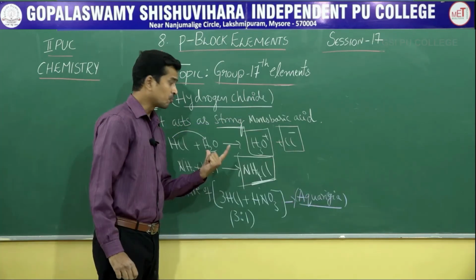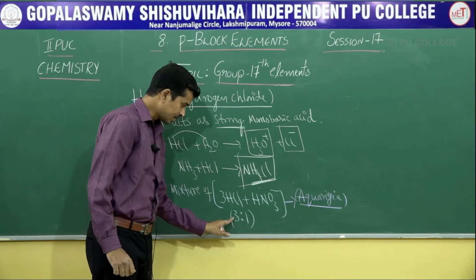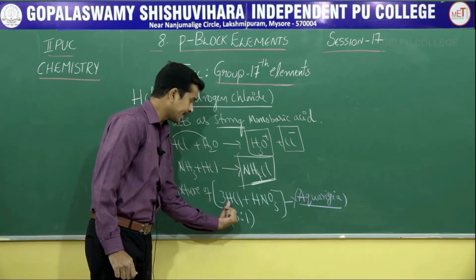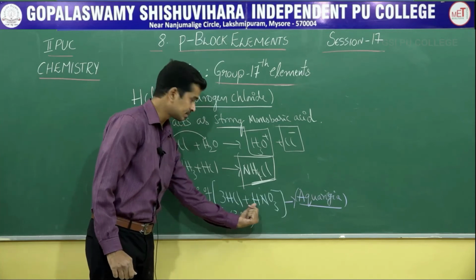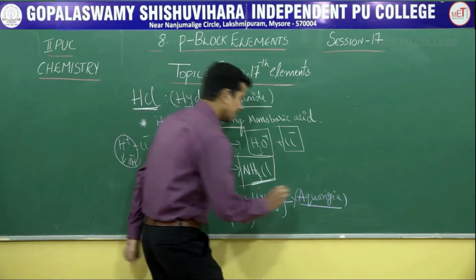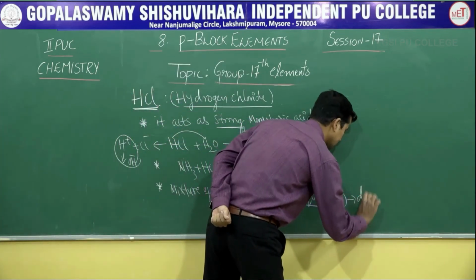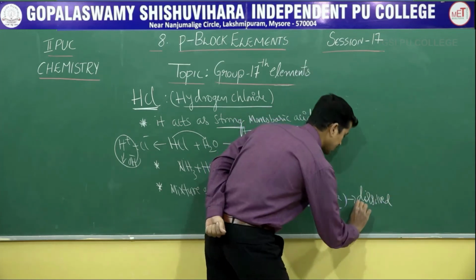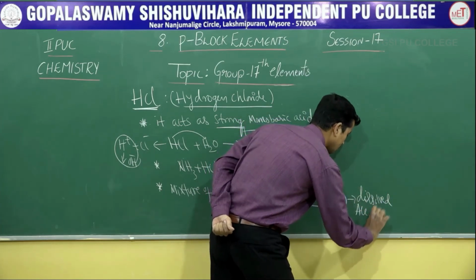What is meant by aqua regia? It's a mixture of 3:1 ratio of concentrated HCl and concentrated HNO3. What is the use? It is used to dissolve the noble metals like gold and platinum.